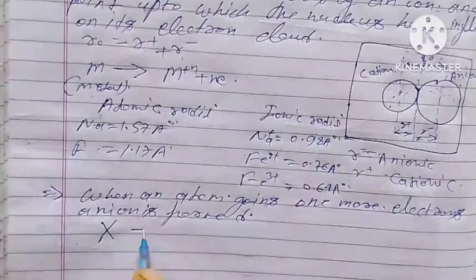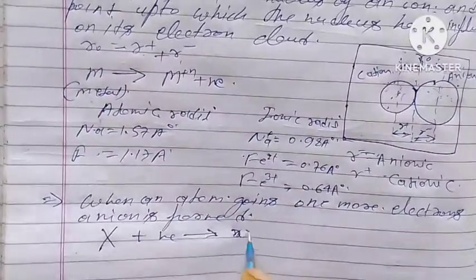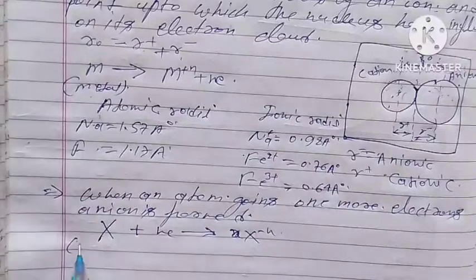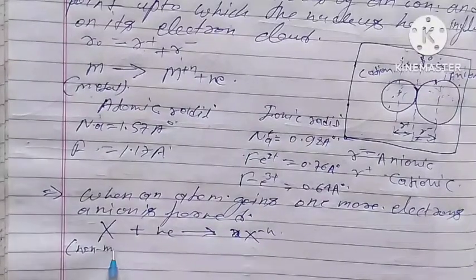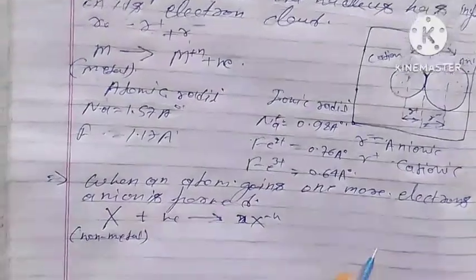X plus ne gives X minus n, where X is a non-metal.